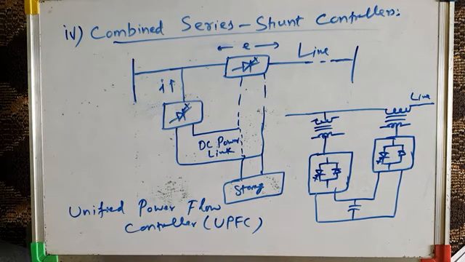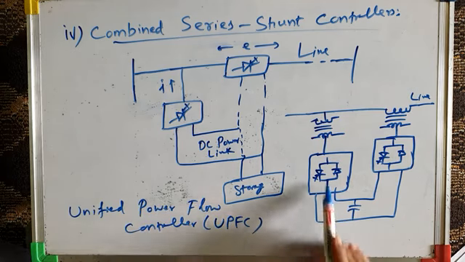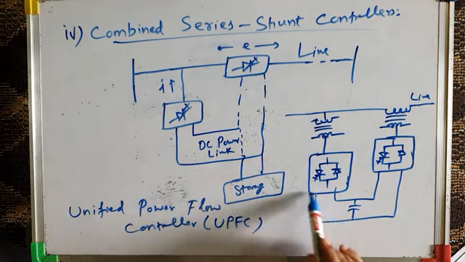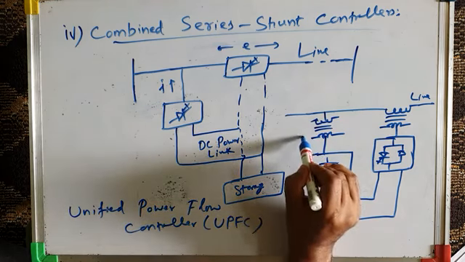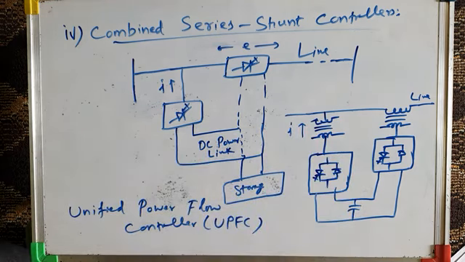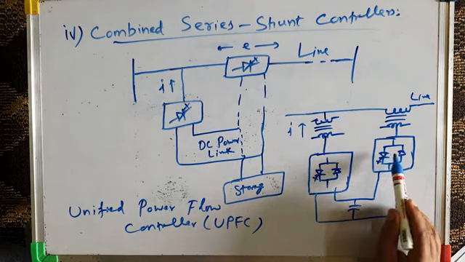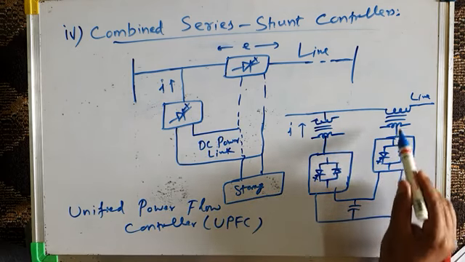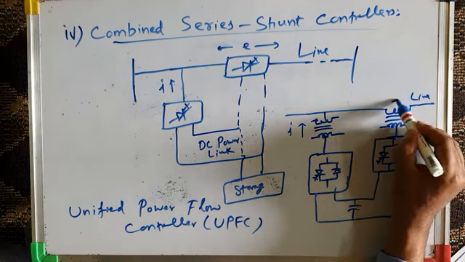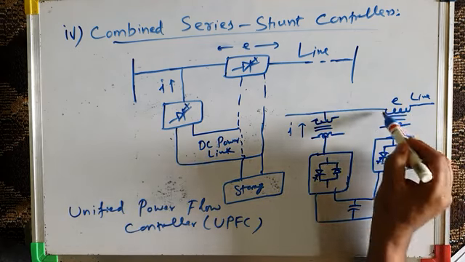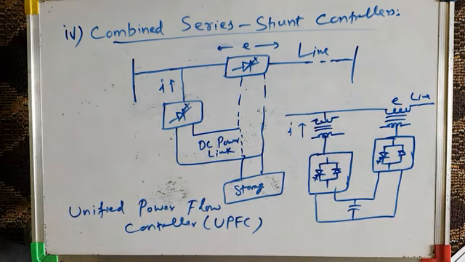UPFC. And this unified power flow controller comprises a shunt controller, which is basically a converter based controller which injects a current I at the point of connection through this coupling transformer, and it comprises a series controller, FACTS controller like this, which injects a voltage E in series with this line through this injection transformer, and they have a common DC bus like this.